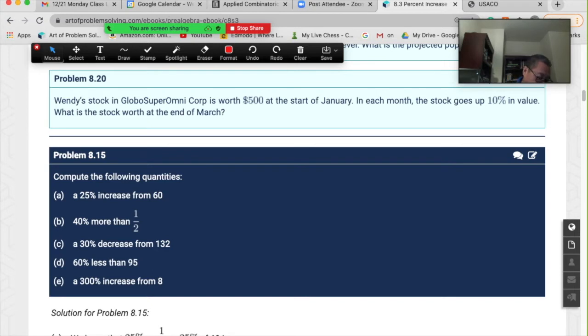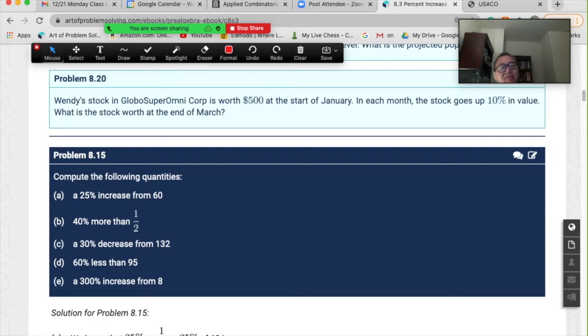I think there are 2 ways to do this. I'll just do the longer way. So say you start from the start of January. Then you can calculate at the end of January what is the value for the stock.